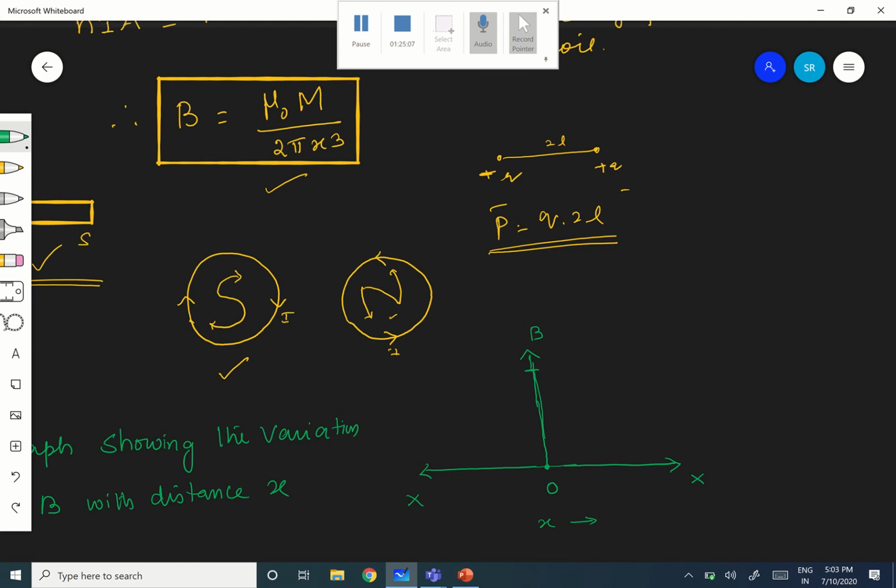The value of B will be maximum at the center, and as you go away from the center it will keep decreasing, varying as 1 by X cube. Therefore, it will be like this, and on this side also it will be like this. This is how it varies.